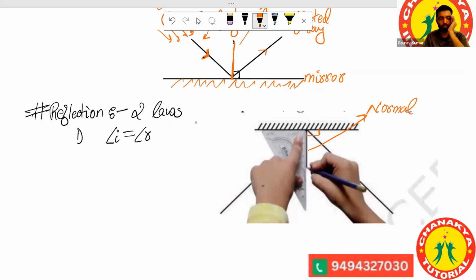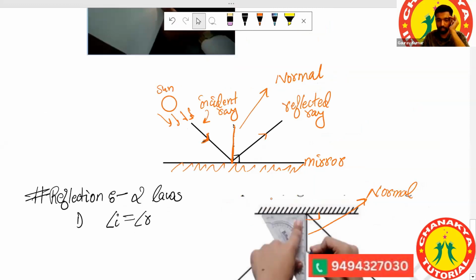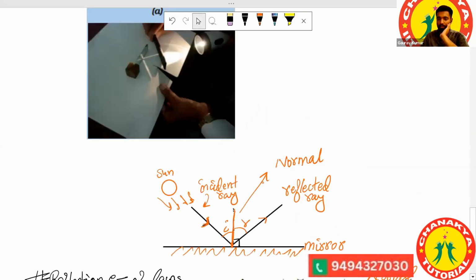Got it? So what this first law tells is that if an incident ray makes an angle of I with the normal, it reflects making an angle of R. What do I and R mean? I means the incident angle. R means the reflected angle. So let me write. I is the incident angle.